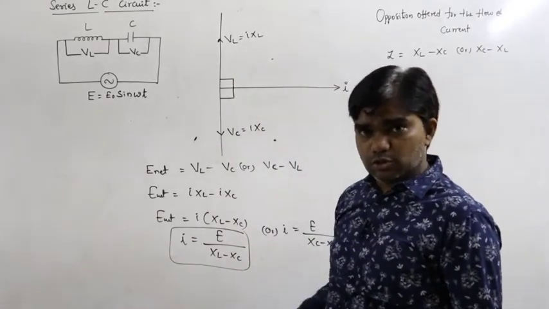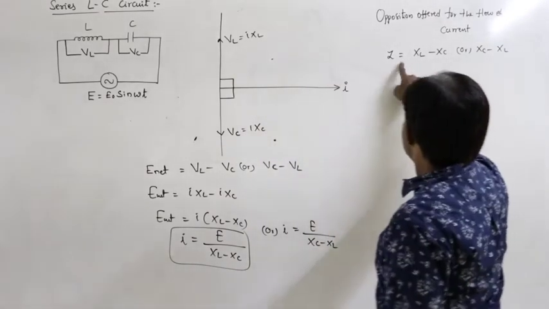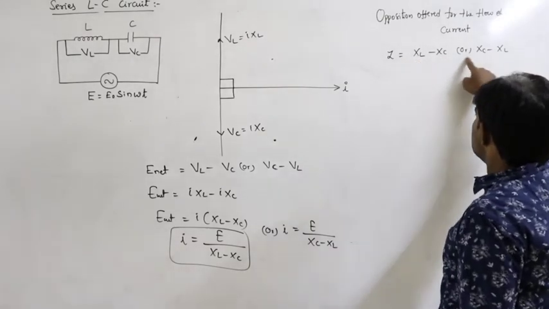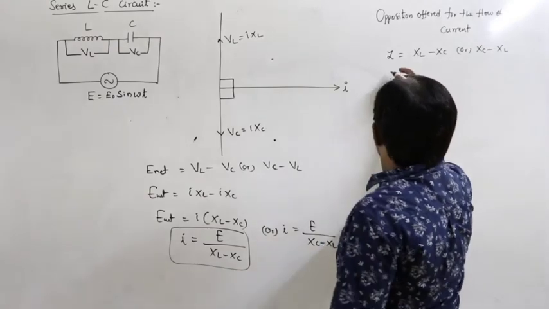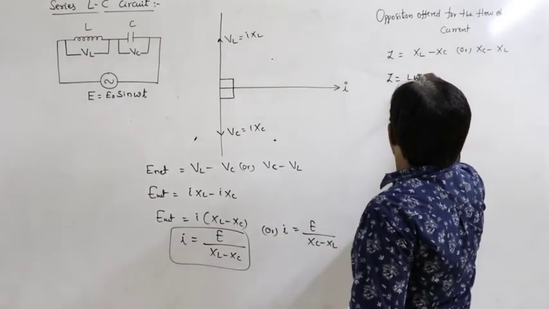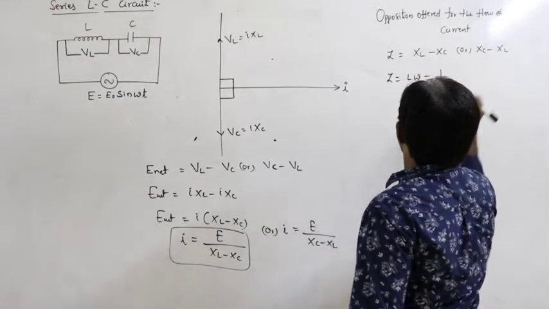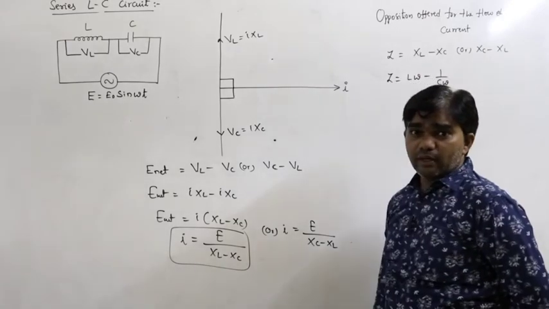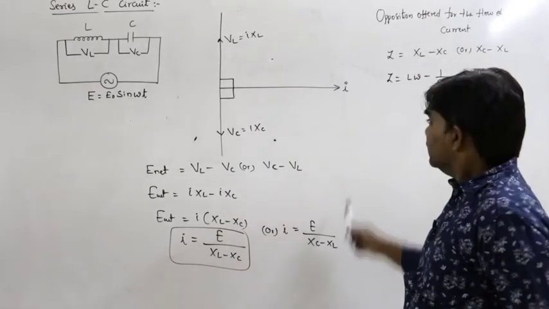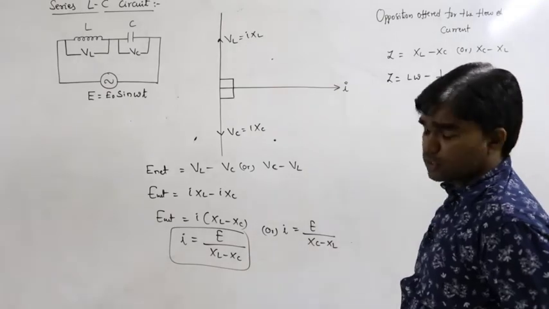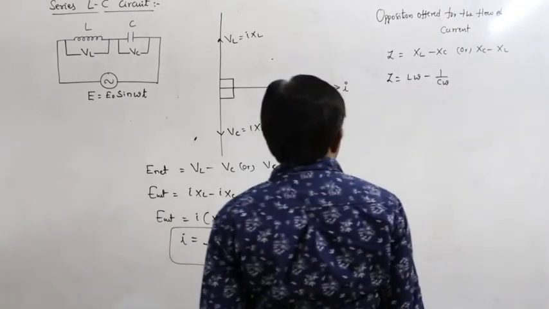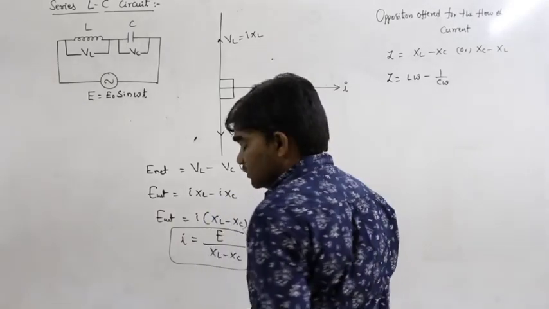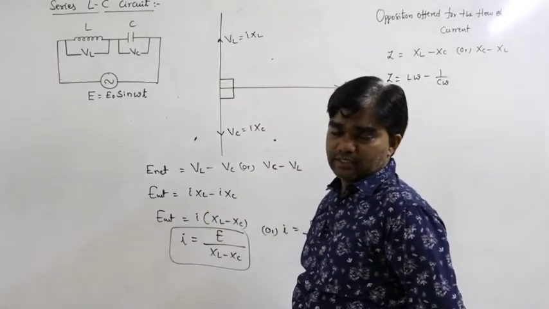The two conditions are possible. So Z is equal to XL minus XC or XC minus XL. This can also be written as L omega minus 1 by C omega. This is the impedance of the circuit, the opposition offered for the flow of electric current.